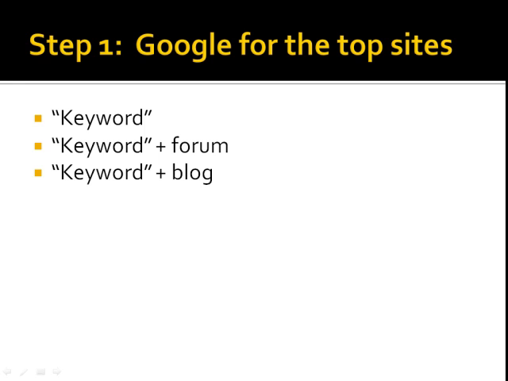So you go to Google, you type those keywords in, and then you look at the top sites that you see initially, and you look for sites that have banner ads. Now usually forums and blogs have banner ads, that's why I suggest that you use those two variations.